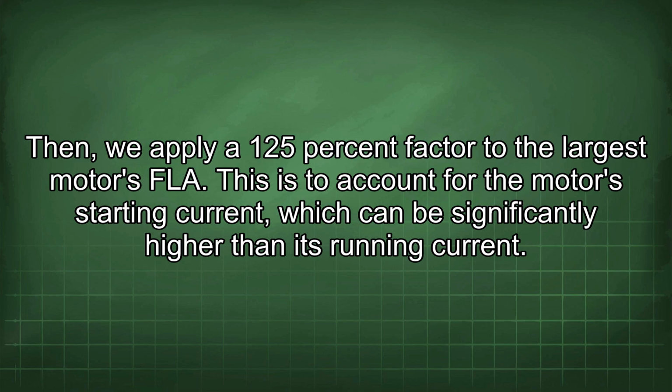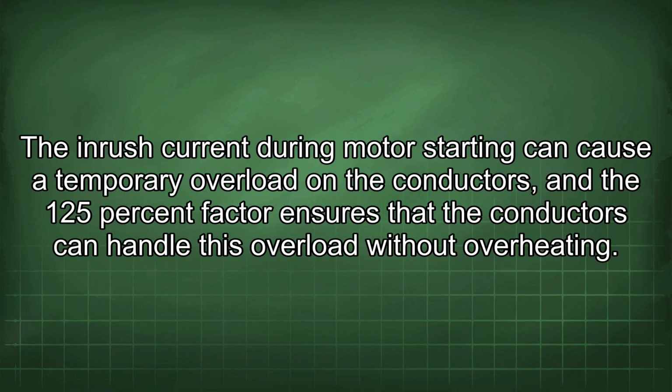Then, we apply a 125% factor to the largest motor's FLA. This is to account for the motor's starting current, which can be significantly higher than its running current. The inrush current during motor starting can cause a temporary overload on the conductors, and the 125% factor ensures that the conductors can handle this overload without overheating.